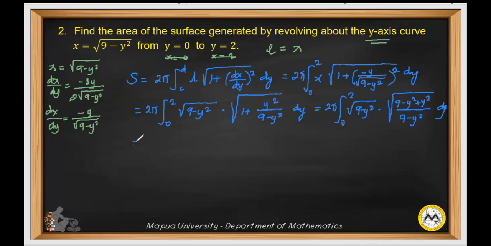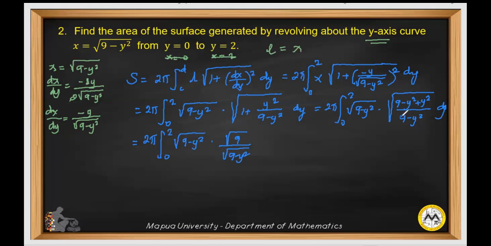Hence, the integrand is now reduced to the square root of 9 minus y squared times the radicand, where the numerator is 9, since negative y squared plus y squared is 0. Then we have the square root of 9 over the denominator, which is the square root of 9 minus y squared.